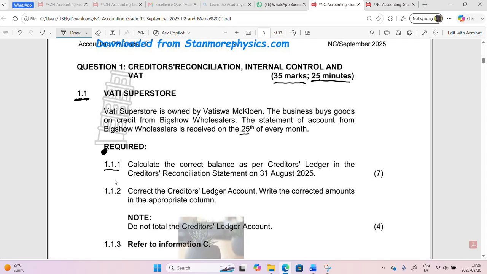1.1.1, calculate the correct balance as per creditors ledger in the creditors reconciliation statement on 31 August 2025. So we need to calculate the correct creditors reconciliation balance. 1.1.2, what do we need to do?